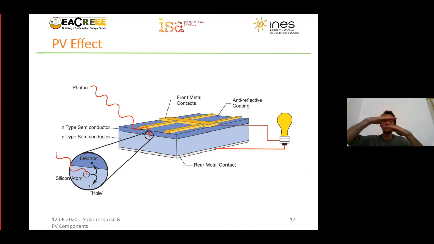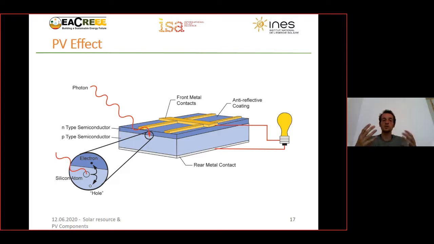So if you put these two types all together, N-type and P-type, you have, of course, an electric difference between N-type and P-type. So you have negative charge close to positive charge. And this is the definition in electricity of a voltage. So by creating these two layers, P-type and N-type, you are creating a voltage.